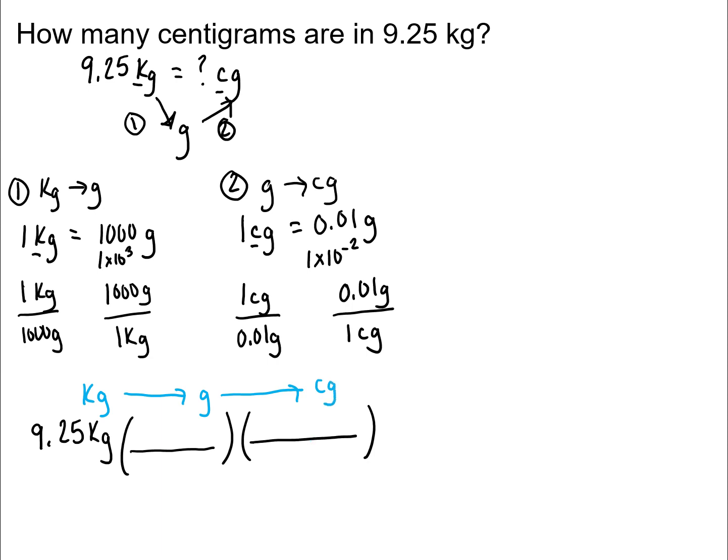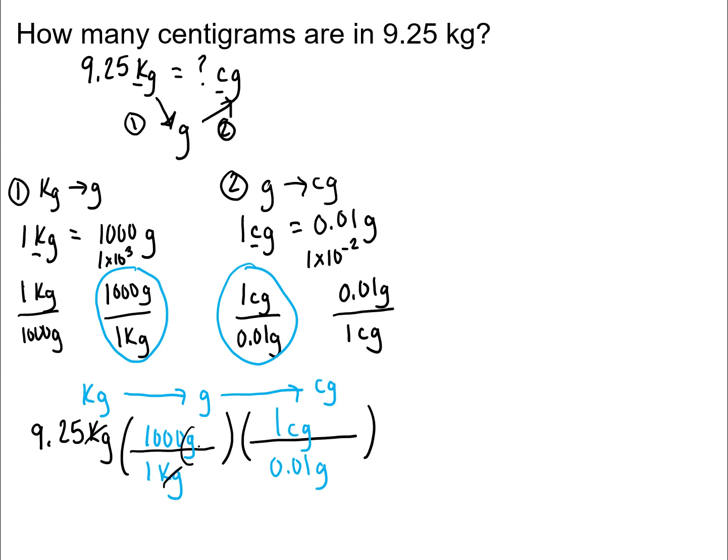To get from kilograms to grams, we need the unit factor with kilograms in the denominator. That way it'll cancel out. To go from grams to centigrams, we need to put grams in the denominator and centigrams in the top. Our units cancel just like we expect them to. So you can go ahead and put it into your calculator.